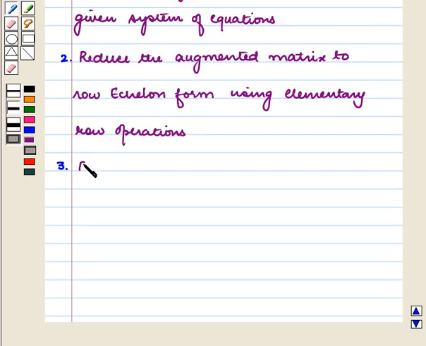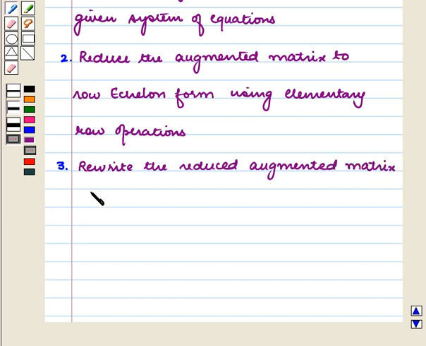The next step is to rewrite the reduced augmented matrix into a system of equations.